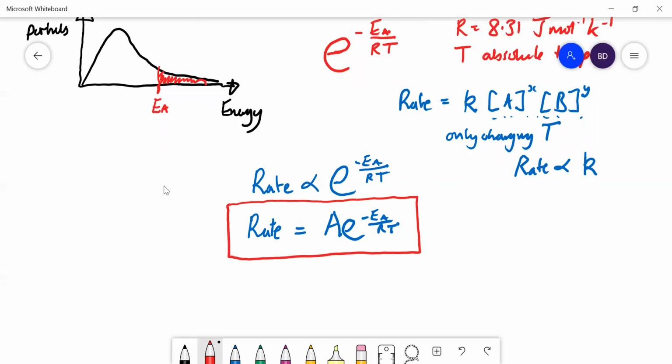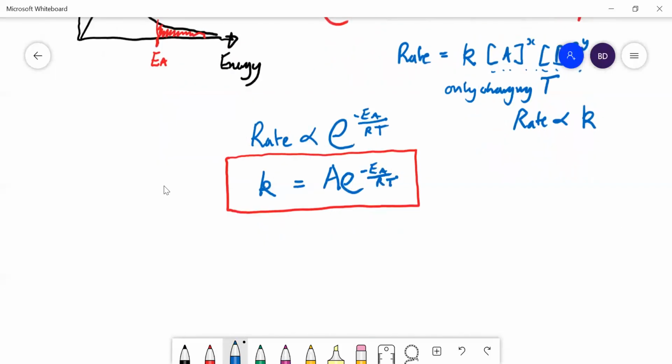As I say, rate and rate constant are interchangeable, so you can change that. The value of the constant will change, but you can also say that's true as well. Right, so if you do maths, then you probably find this easy. If you don't, don't worry, just learn it.